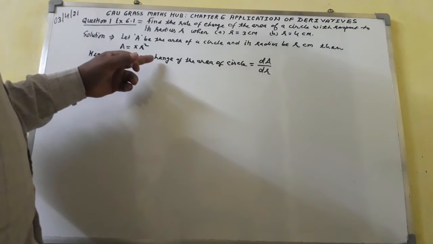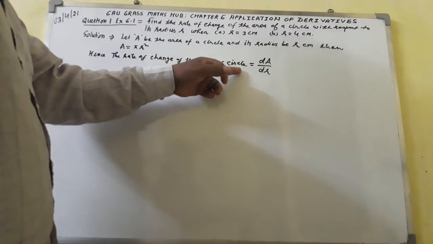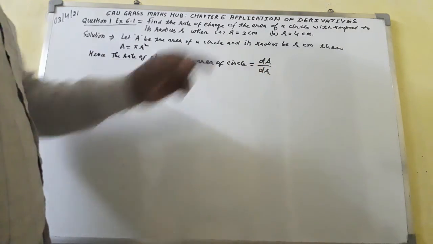The rate of change of area of circle is equal to dA over dr.